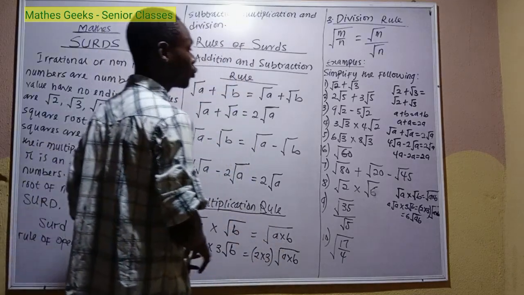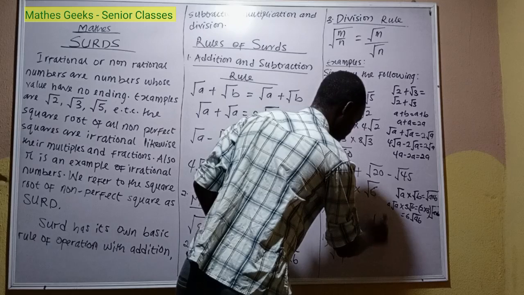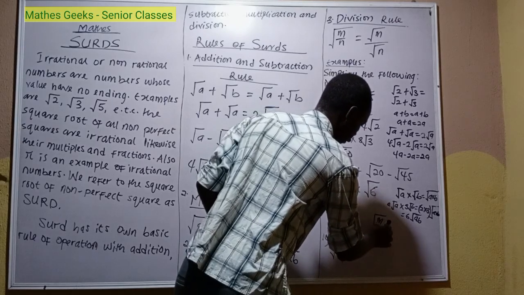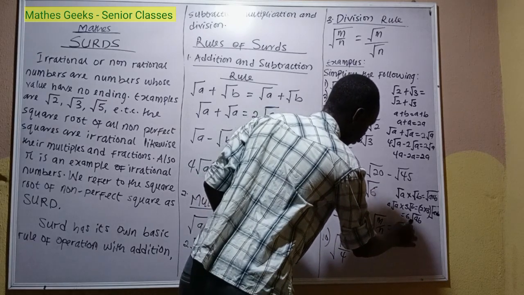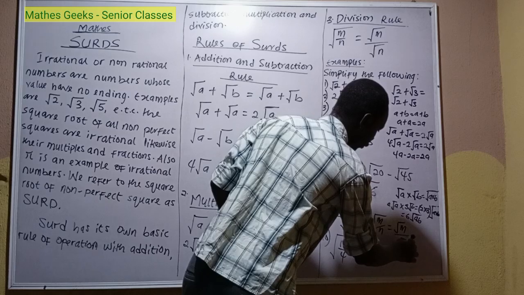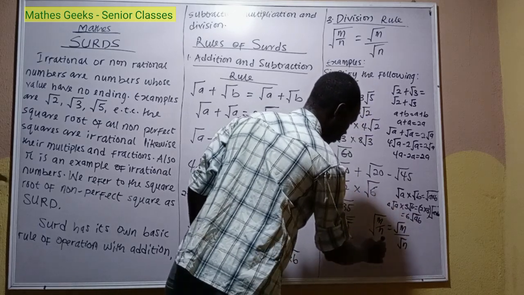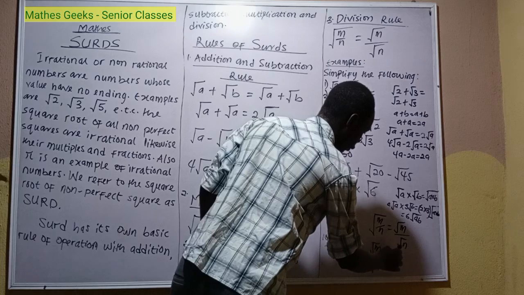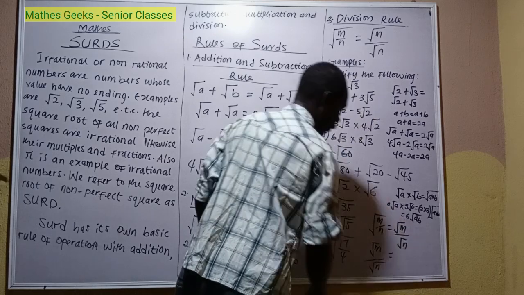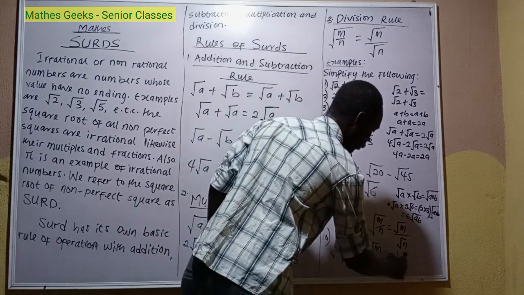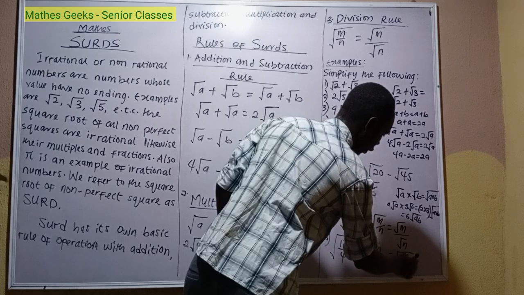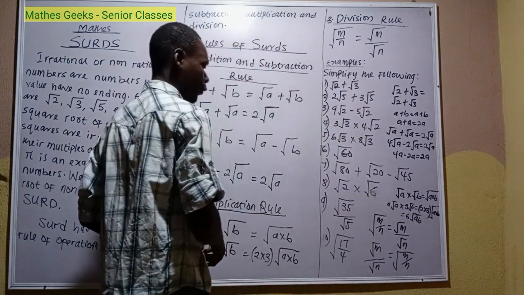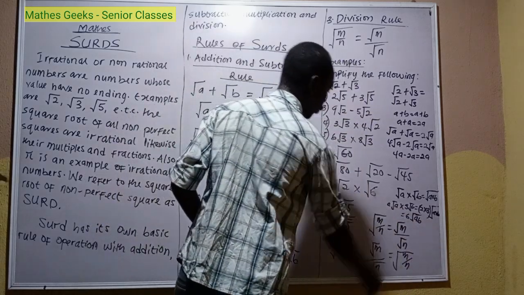Then the division rule: root of m over n is also equal to root m over root n. So if you see something like root m over root n, this is also equal to the combined root of m over n. Either way, this is true and this is true.